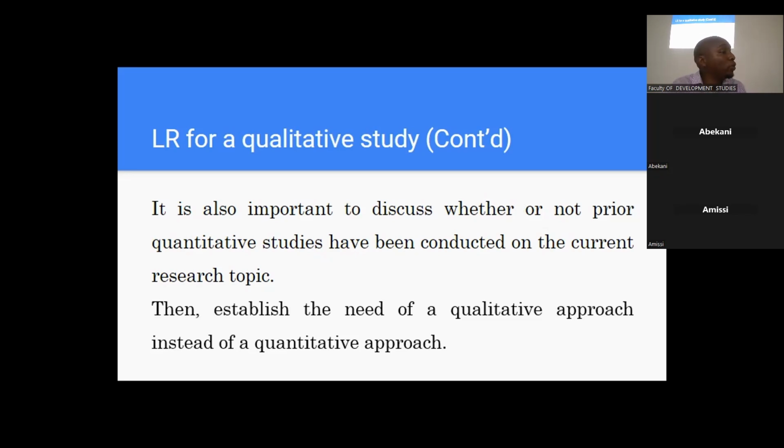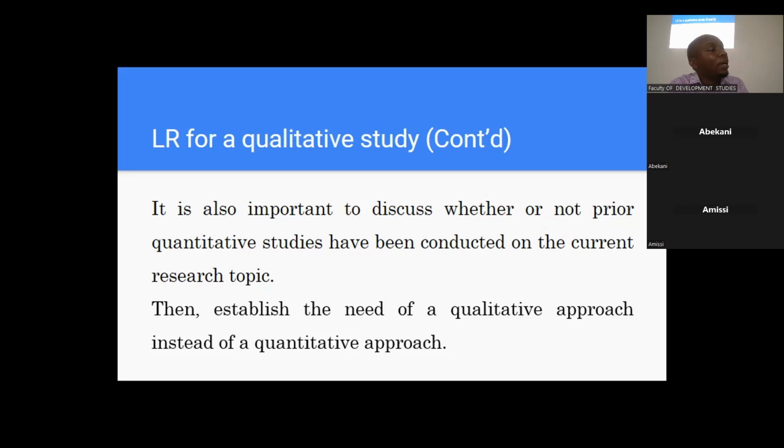For example, you can use findings from a quantitative research saying that 75% of peer students believe that Munyarwanda has contributed to reconciliation. You can use that one. But because you are doing a qualitative research, you will go further.